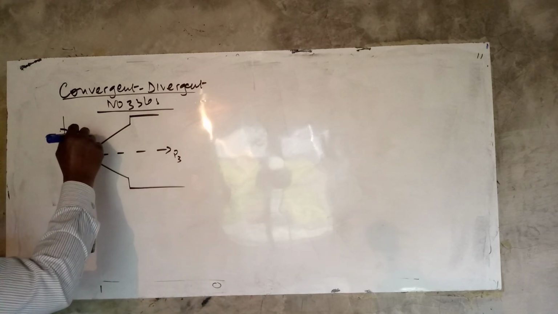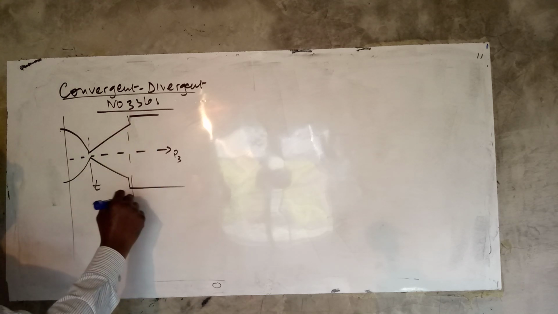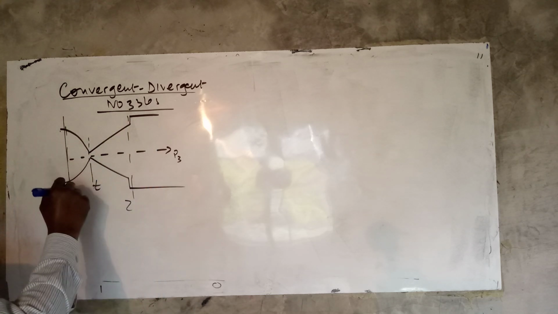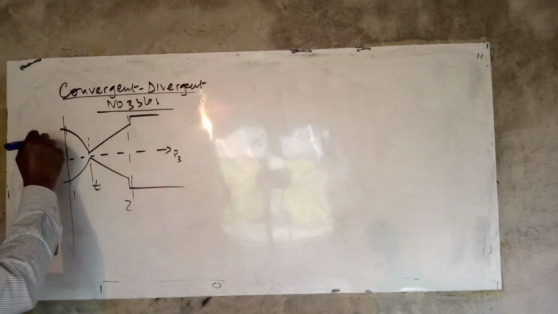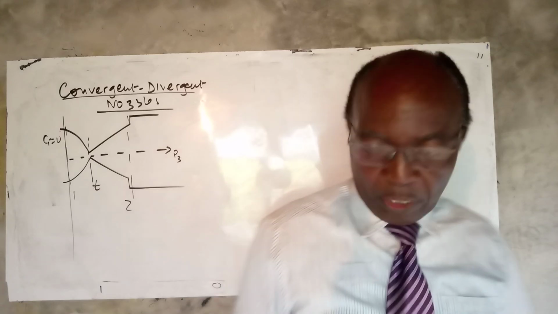So this is our throat. At 1, because we're assuming that initial velocity is 0.